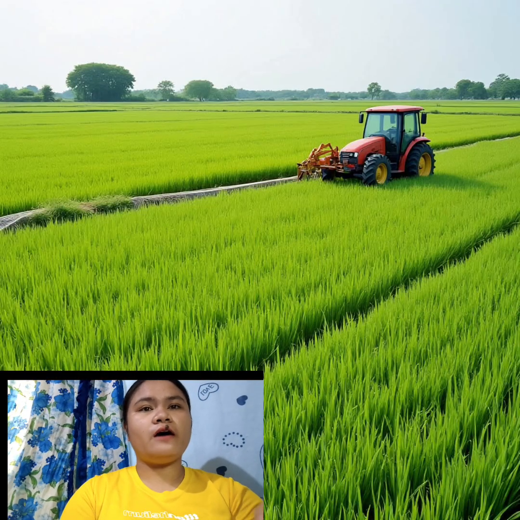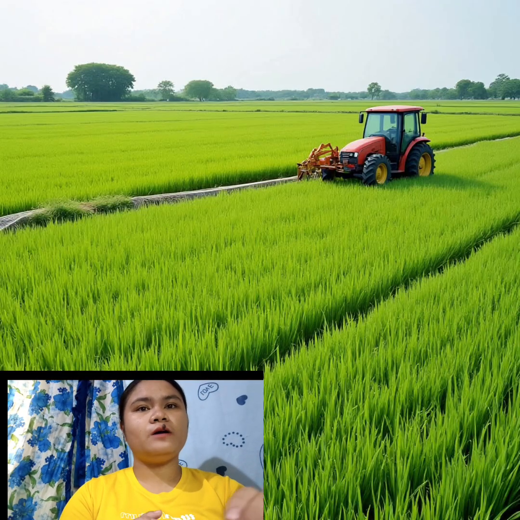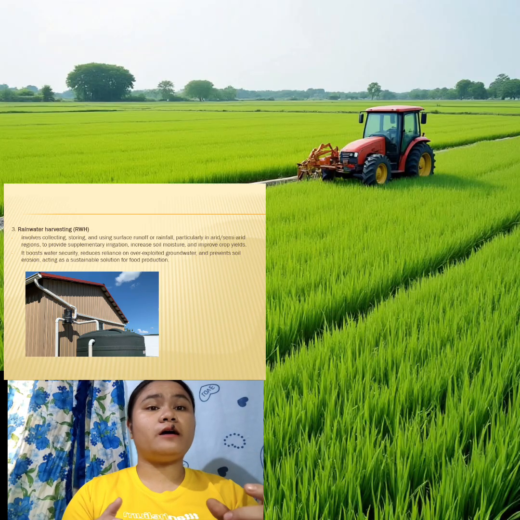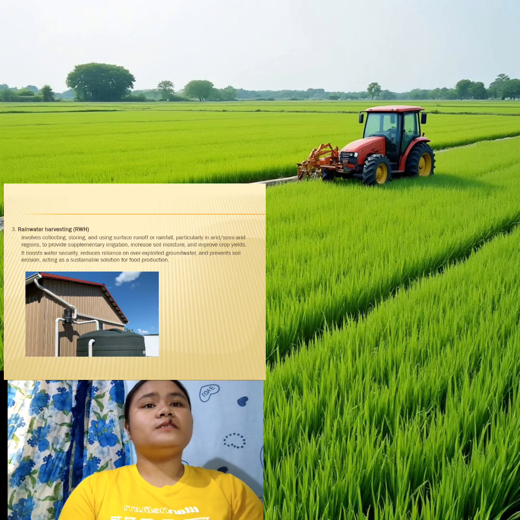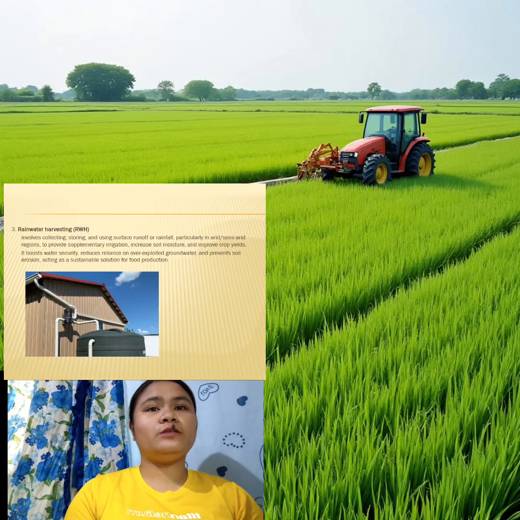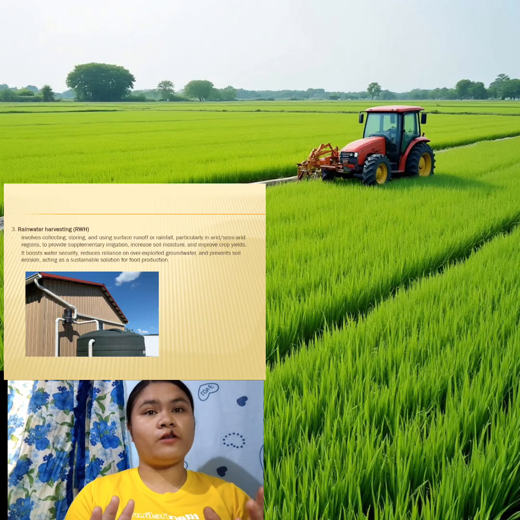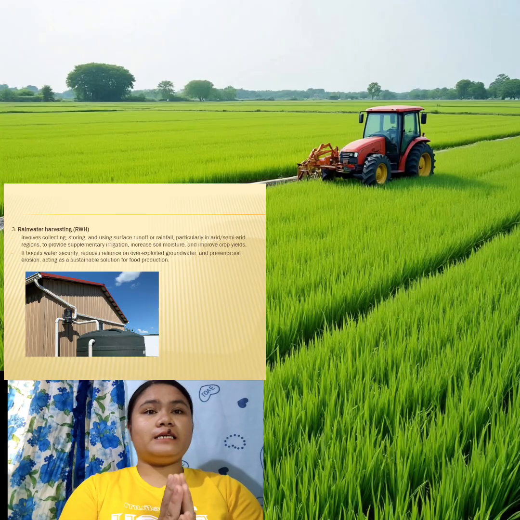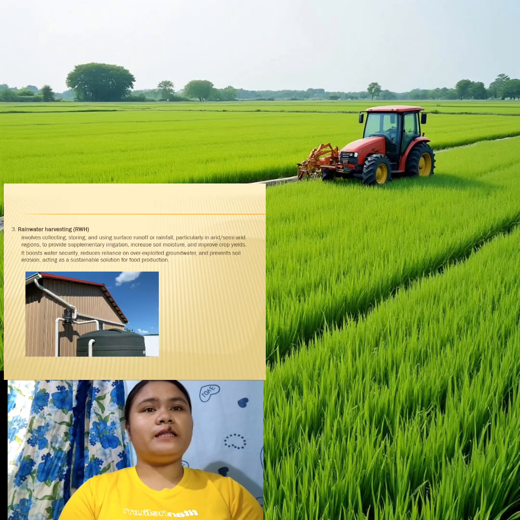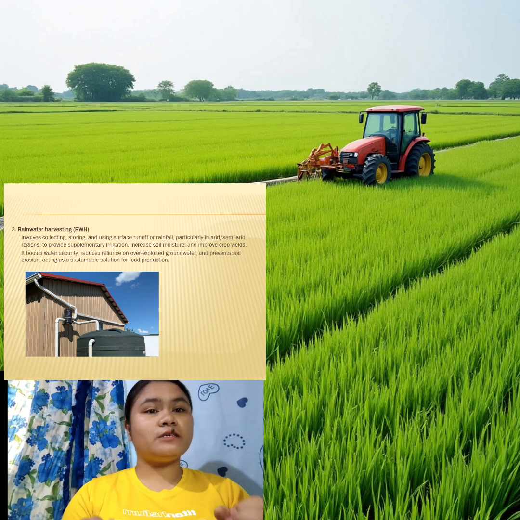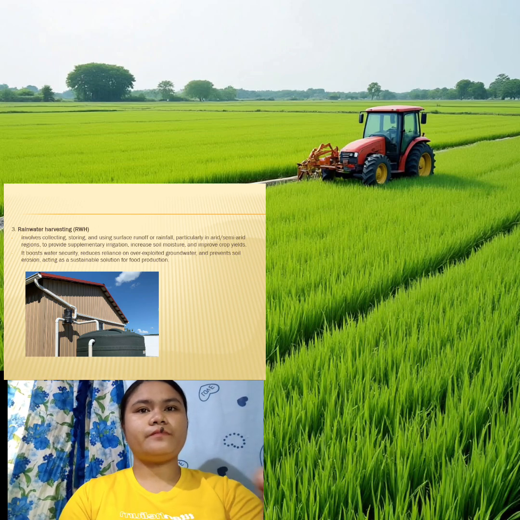Next, we have the third type, which is rainwater harvesting, also known as RWH. This involves collecting, storing, and using surface runoff or rainfall. It is particularly practiced in arid and semi-arid regions as a supplementary source of irrigation.